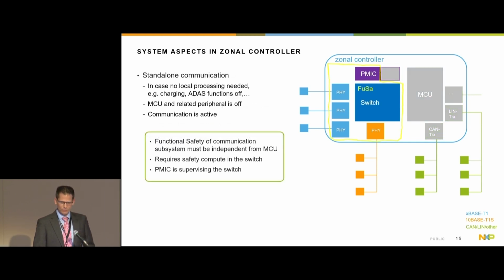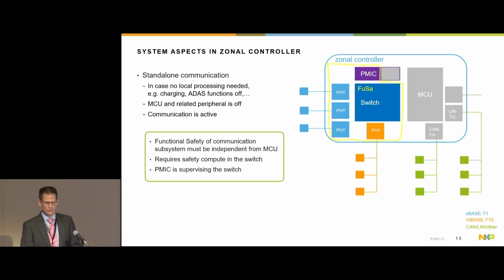Now, at the beginning I said we might switch off certain parts if they are not needed. So let's assume we have an application where you just need the communication. This could be a charging case, for example. But it could also be if certain ADAS functions are switched off, when you say, okay, I do not need my data aggregation, I do not need the processing in the zone, but I just need to forward data which are collected zonally, and I need to send this to another zone or to the central compute.